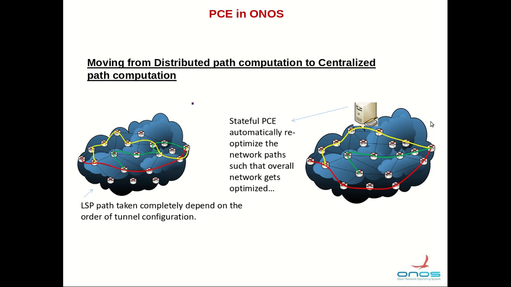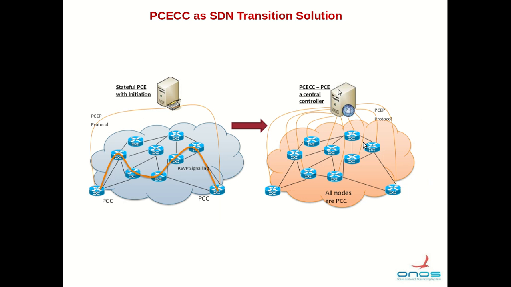As I discussed, earlier with PCE we had CSPF, which is completely distributed, and the LSP path taken depends completely on the order of configuration. Now as part of PCE we move to a central entity which has the complete global picture of all the paths, and can optimize it completely for the network. As part of the transition, even with PCE we have the signaling mechanism in the network only, using RSVP-TE signaling.